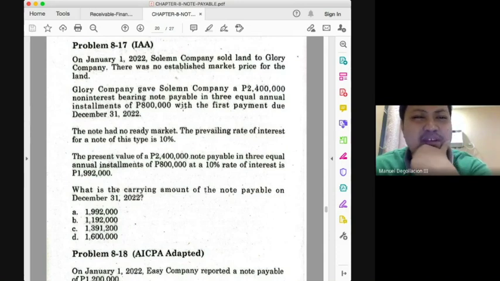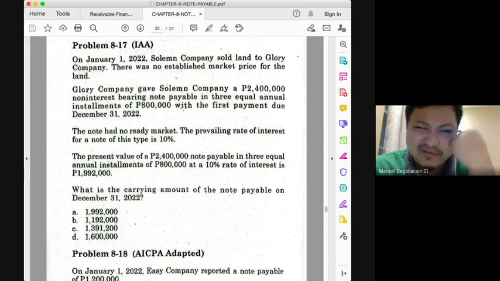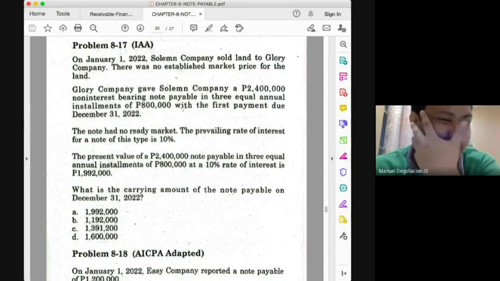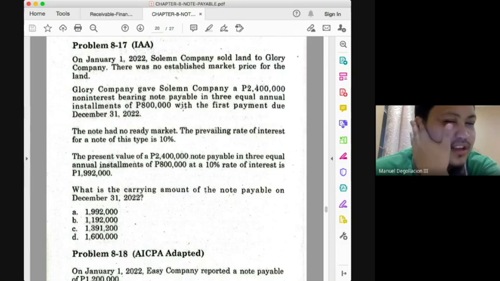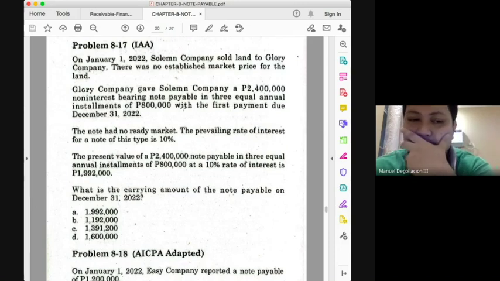What payments will be done here? 800,000 at the end of every year for the next 3 years. But the 800,000 here will not be charged entirely to the principal. So if your answer here is 1,192,000, then definitely that's wrong. The 800,000 will have to be split between the interest and principal payment.